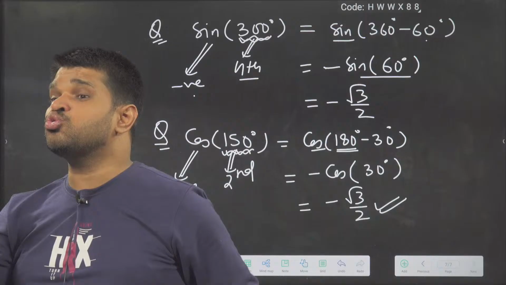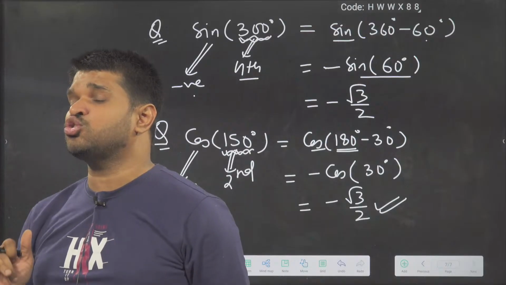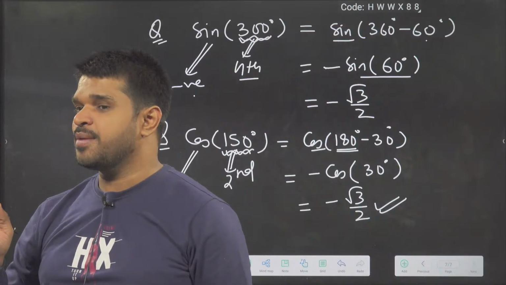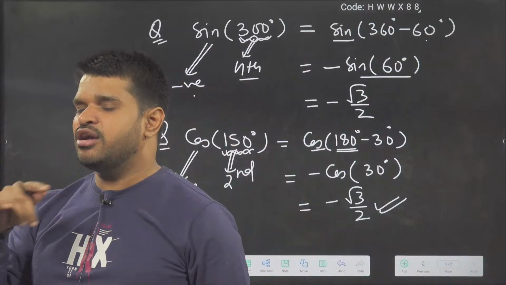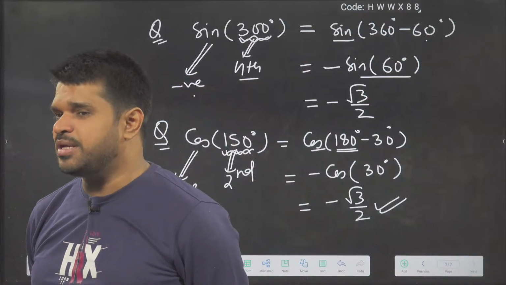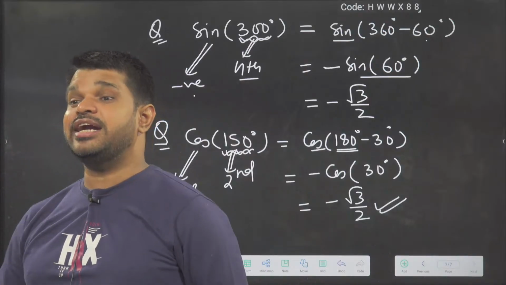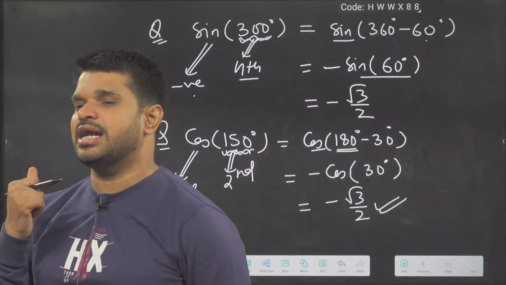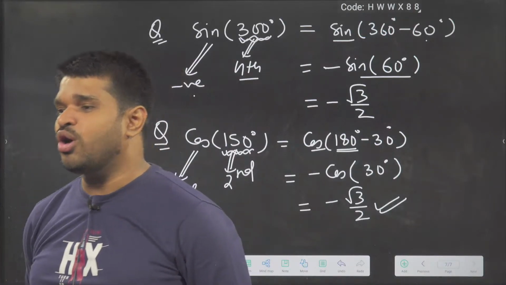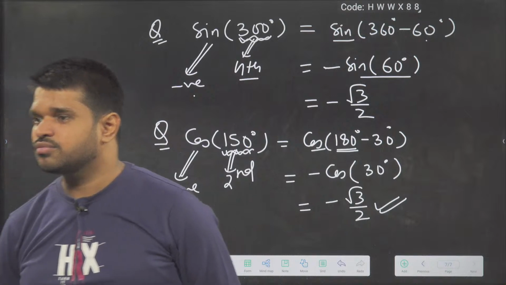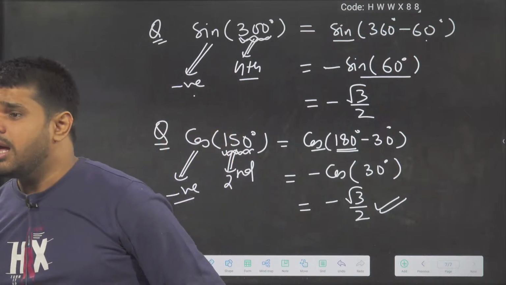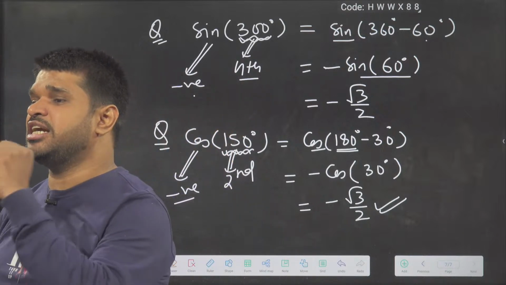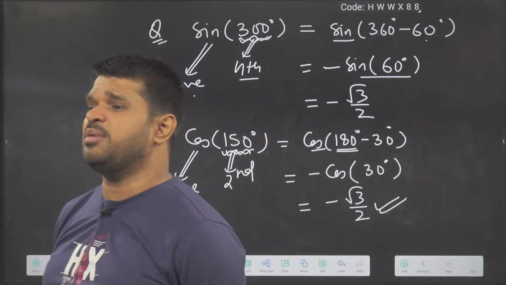You can use 270 plus 30, but did I teach 270 plus theta? No, na? Someone is saying, can we write 300 as 270 plus 30? Yes, you can write, but I did not teach you the process of 270 plus theta. That is process 2. Tomorrow I will teach. Any doubt? Someone is saying 90 plus 60. Did I teach you 90 plus theta?